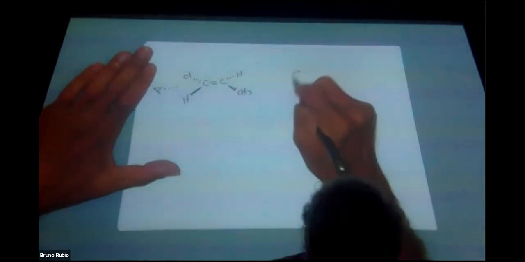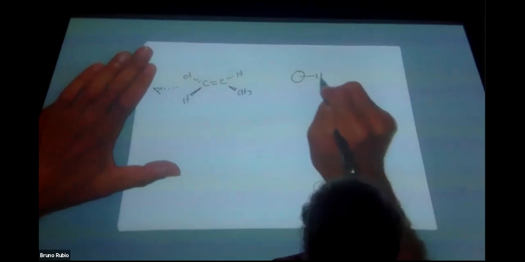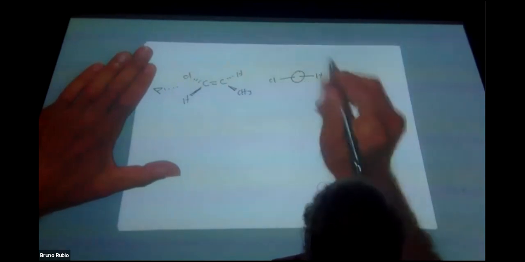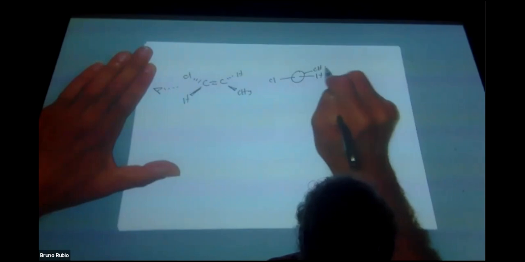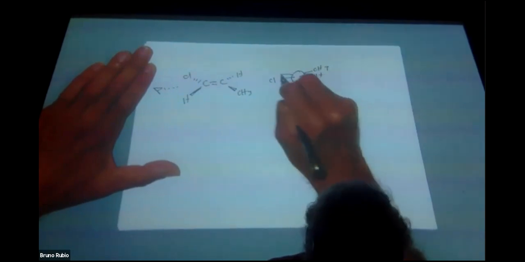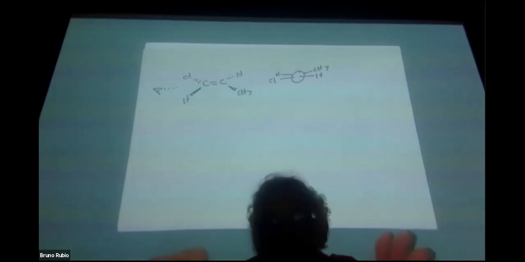My eye is here, I'm sighting down this bond. What I see is H that way, Cl this way. CH3 is on the carbon in the back like that, and H is on the carbon in the back like that. So yeah, there are Newman projections for sp2 carbon.